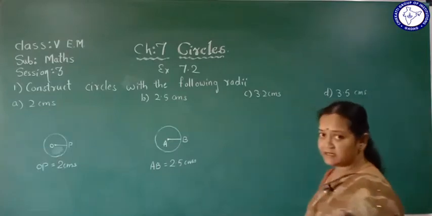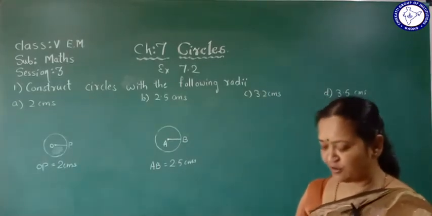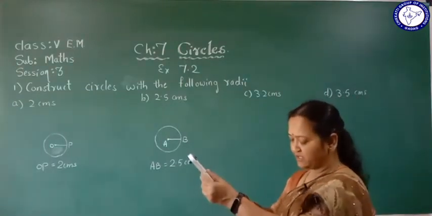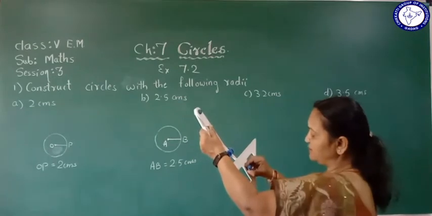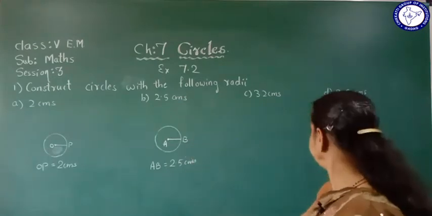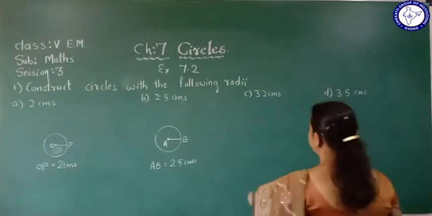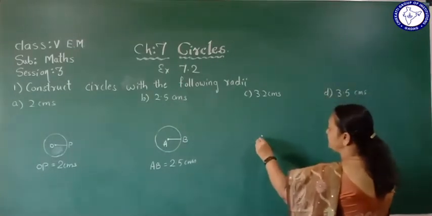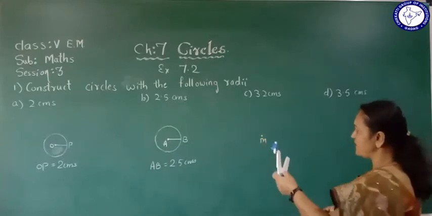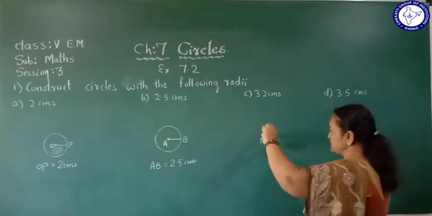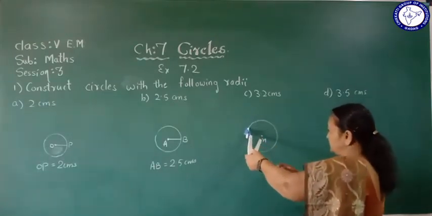Then the third one is 3.2. So from 0 you should keep your compass on 0 and move your compass till 3.2. Then here mark the center of the circle, let me name it M. Then keep your compass on the center of the circle and draw the circle.